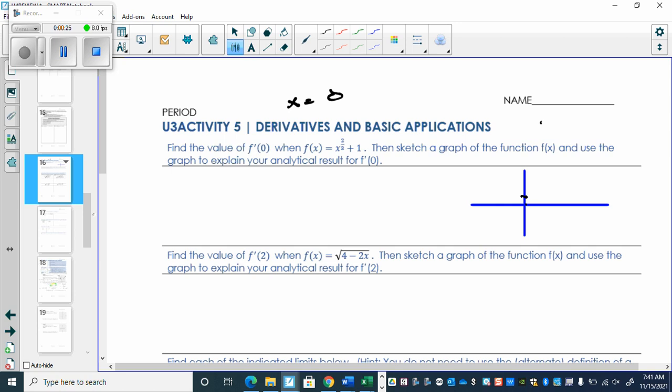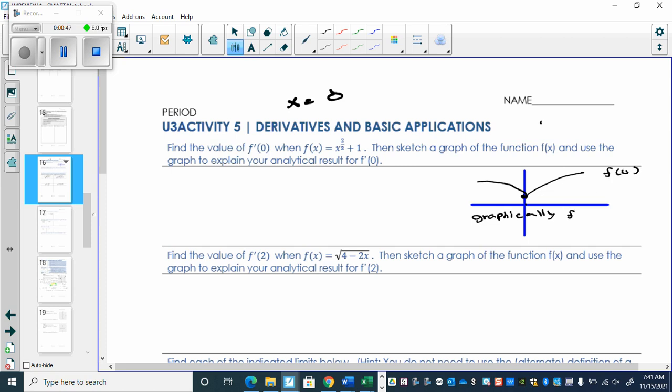It's got a first point right here, and obviously this is a cusp. So graphically, this is f of 0, right?